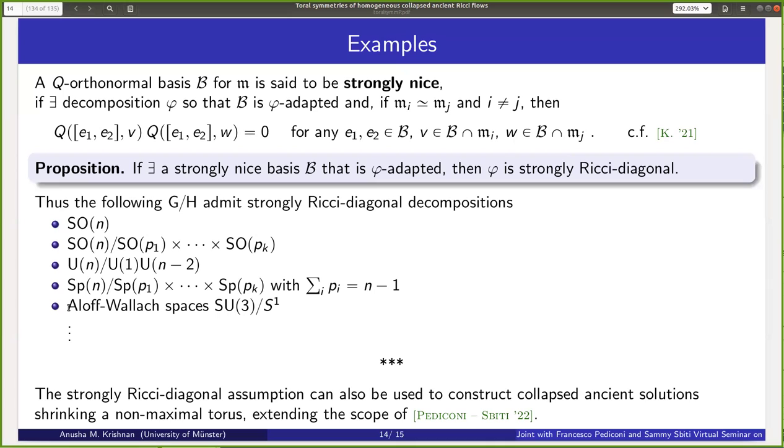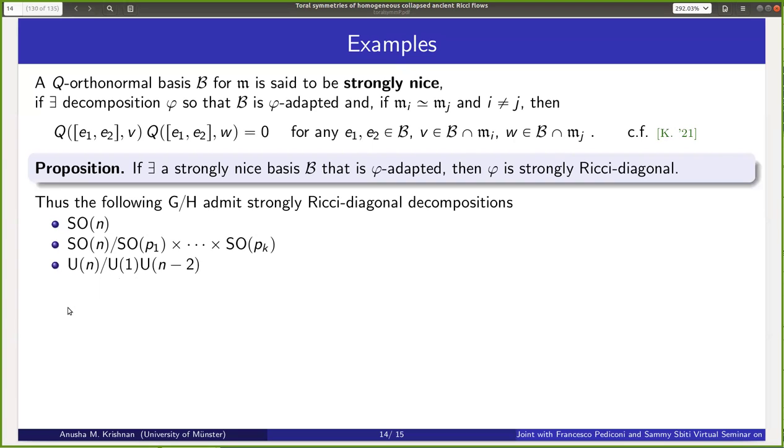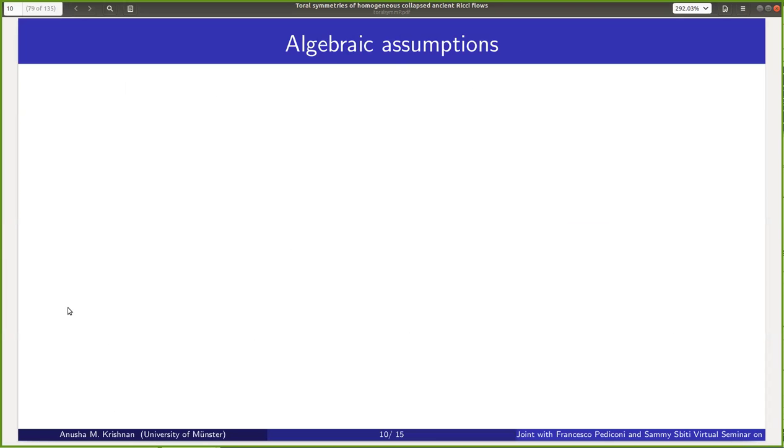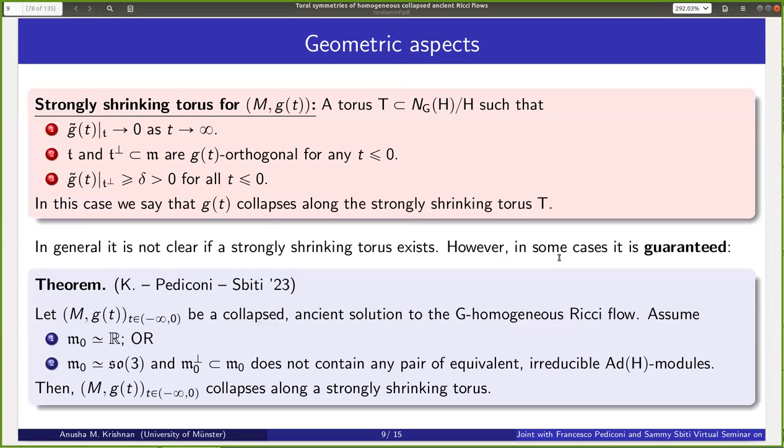I see. Can you maybe go back to page 9, just to recall the theorems you had on page 9? Yeah, sorry, scrolling is really that fast. Right page? Yes. Okay, so in this case, when M0 is R, then the normalizer of H mod H is one-dimensional, and the torus can't change. The torus has to be fixed under the flow. Yes.